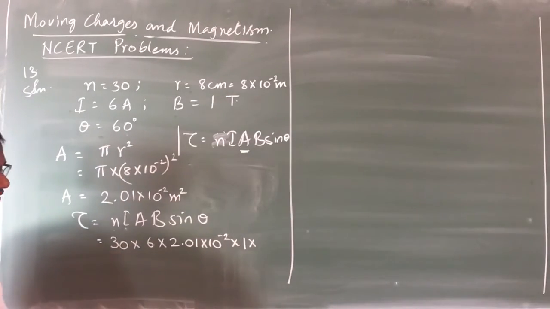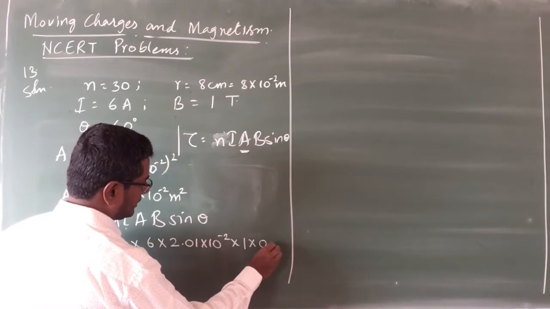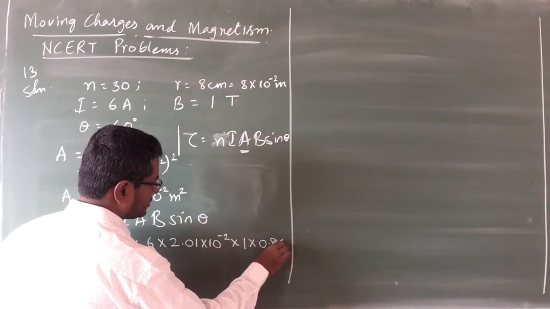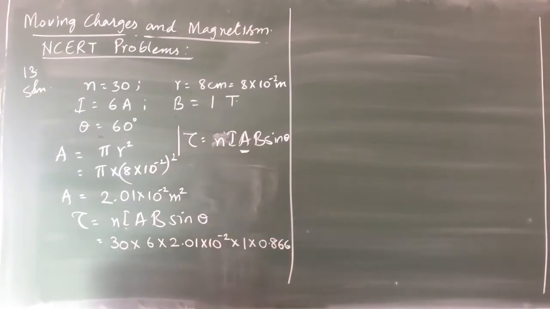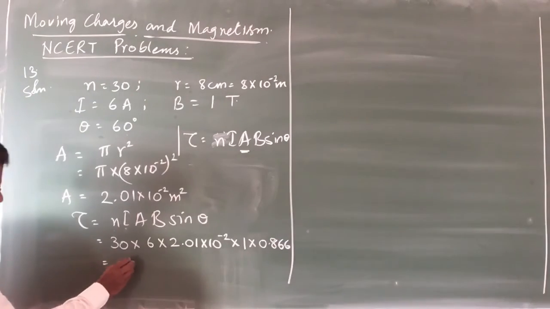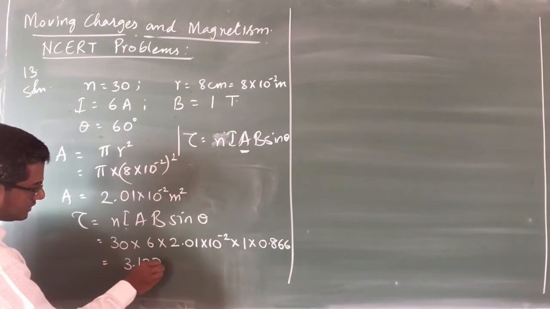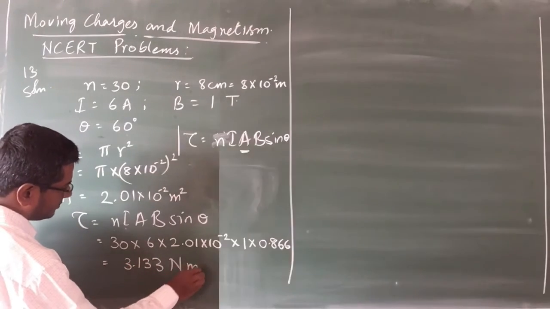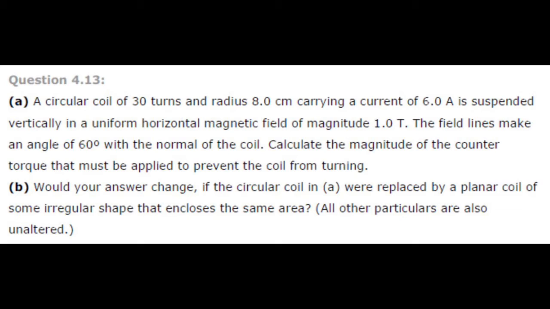It is root 3 by 2, but I am going to write it in decimal form, 0.866. That gives 3.133 Newton meter.